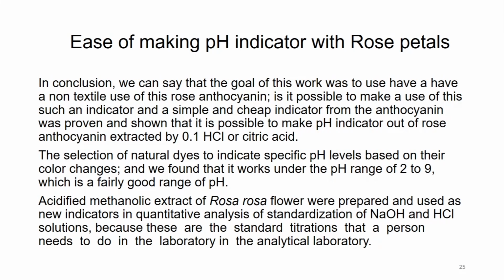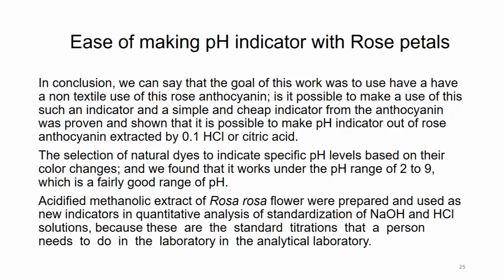from the anthocyanin of rose flower, and it was proven and shown that it is possible to make a pH indicator out of the rose anthocyanin, whether we extract it with 0.1 normal HCl or with citric acid, which means that both ways are very effective for the extraction of the color.